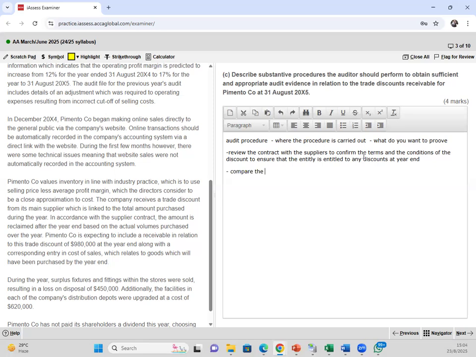We can compare the expected discount of 980 to the previous year, and discuss with the management if there are any significant fluctuations or any significant differences.